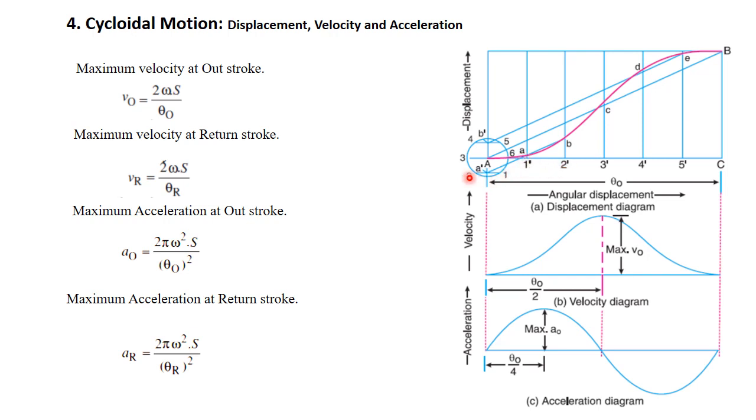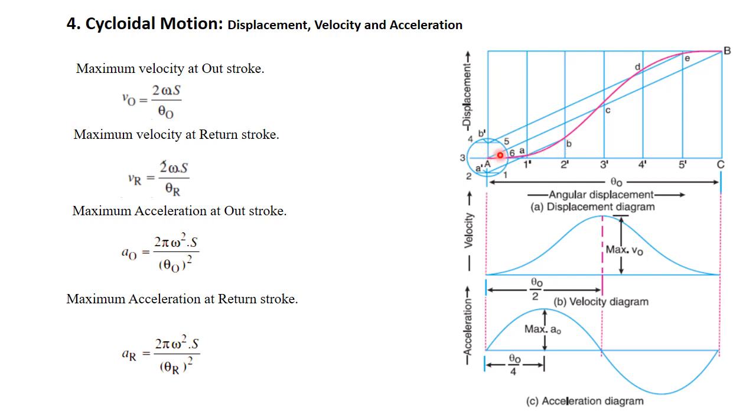Here it intersects 1 dash at this point, and we mark it as small a, and it intersects with 2 dash, the vertical line passing through 2 dash, at point small b. So we get the first two points of the curve, that is small a and small b.